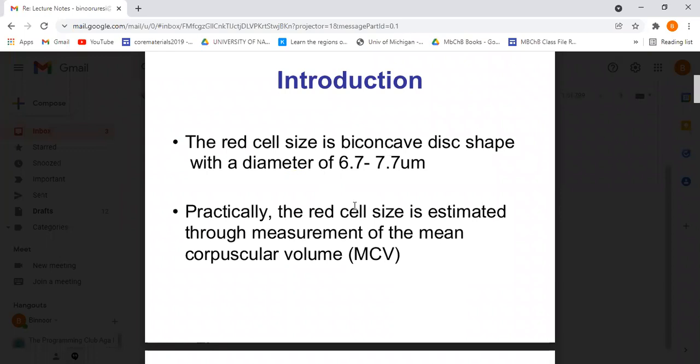It's actually not even micro, it's nanometer. Practically, we estimate the red cell size through a specific measurement that we call the mean corpuscular volume. We use this parameter to determine the size of the red cell.